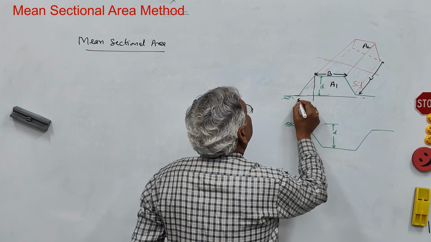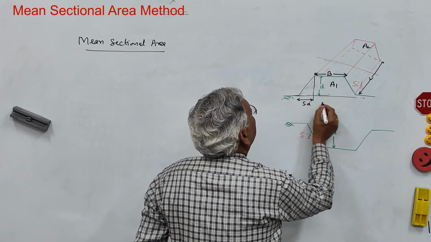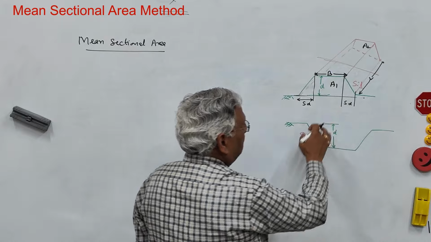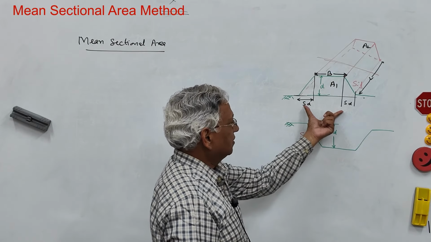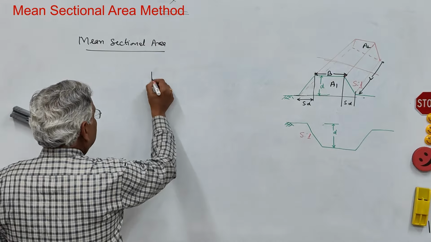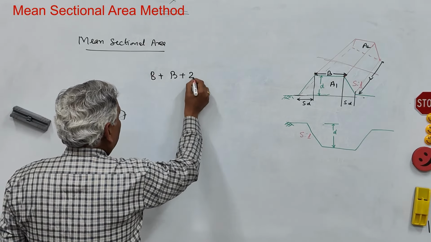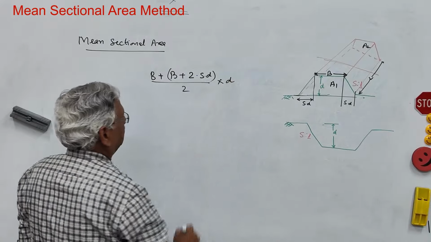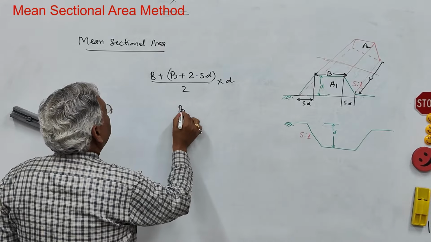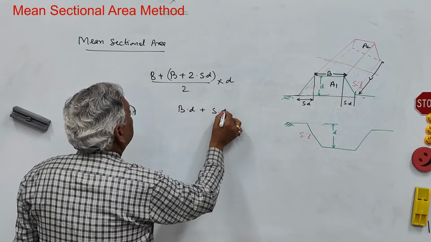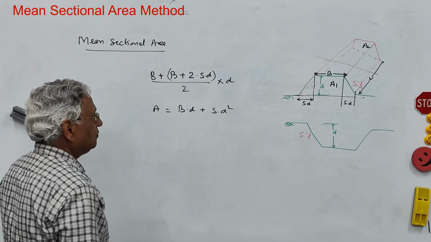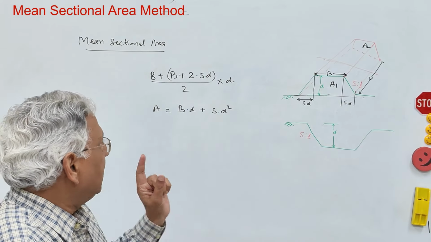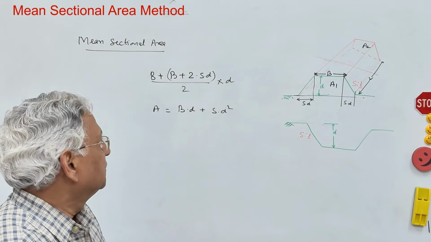So this will be S into D, and here also on this side it will be S into D. So the total area of this trapezium is B plus B plus 2S into D, divided by 2, into D, or you can say B into D plus S into D square. That is the area. B is the formation width, D is the depth of cutting or depth of filling, S is the side slope, S/1.